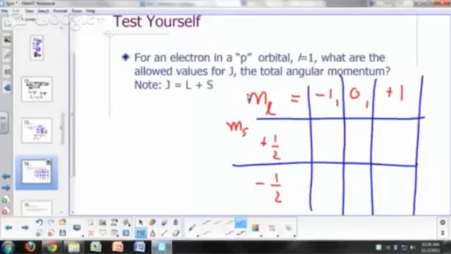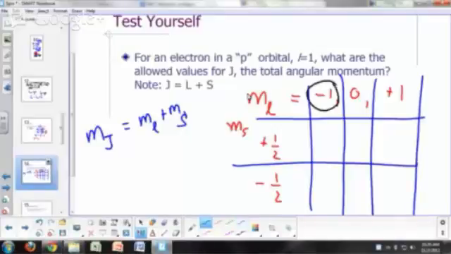What are the allowed values of m sub J? m sub J will just be m sub L plus m sub S. So what is negative 1 plus 1/2? Negative 1/2. What is 0 plus 1/2? 1/2. So what I'm tabulating now in black would be the allowed values of m sub J.